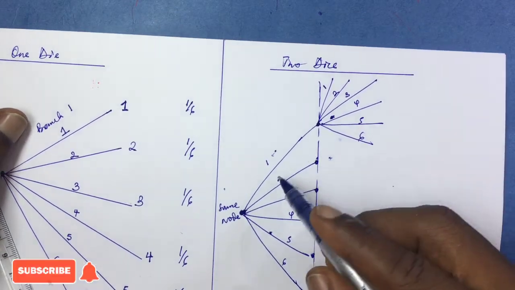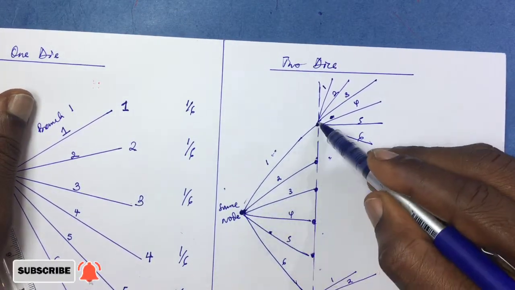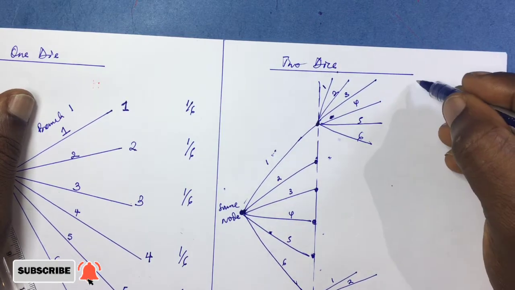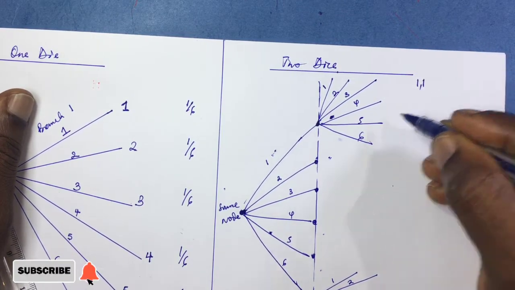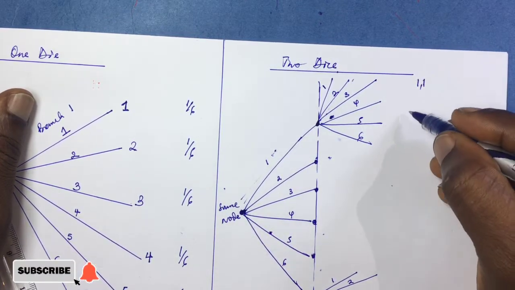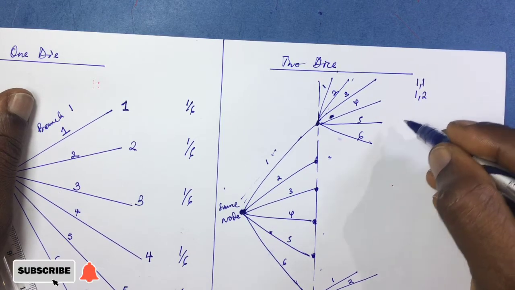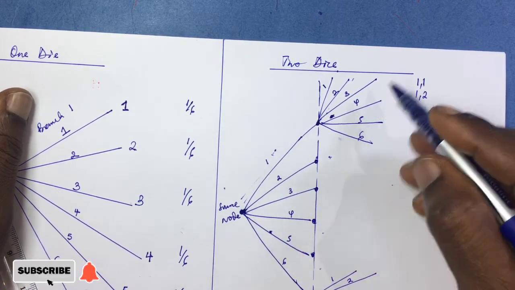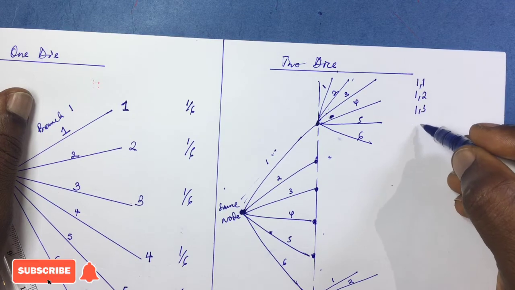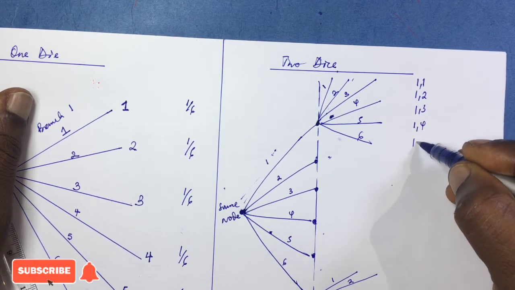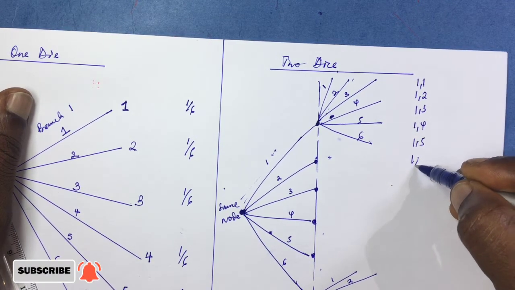Okay, so let's see how we now summarize. This will be the part 1 with 1, giving you 1, 1 as an outcome. The part 1 and 2, giving you 1, 2 as an outcome. The part 1 and 3, giving you 1, 3. If you continue, you are going to have 1, 4, 1, 5, and 1, 6.